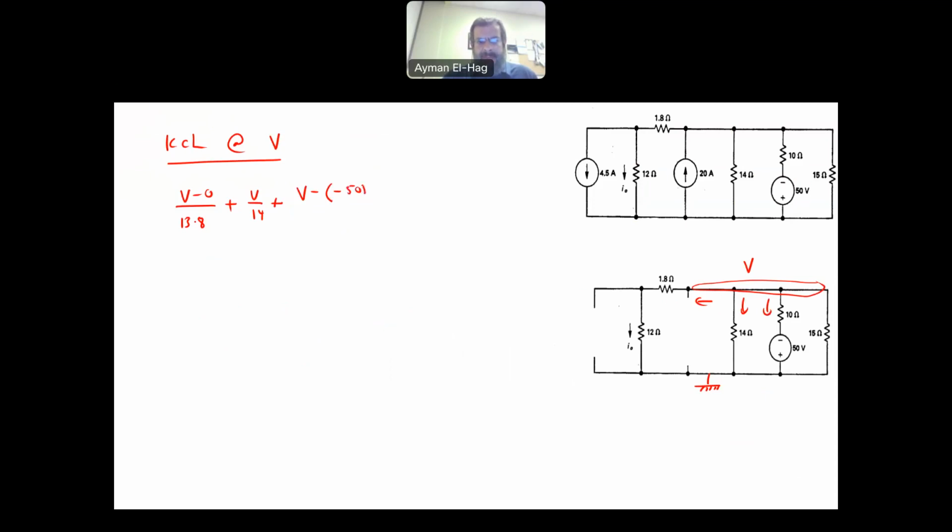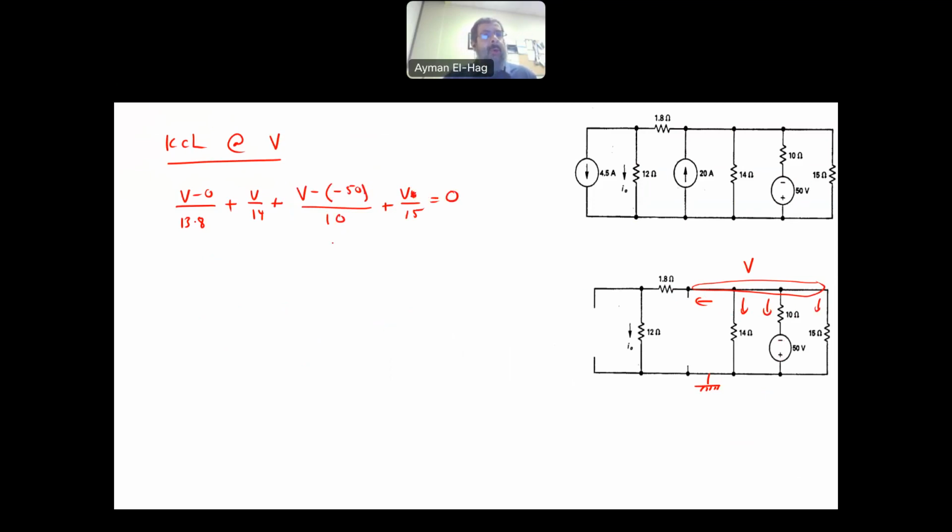Now, why minus 50? Because the polarity is minus plus, divided by 10, plus the last current. We have here 4 branches, 1, 2, 3, 4, so we have to have 4 terms in our equation: V over 15 equal to 0. It's the same voltage, all V.